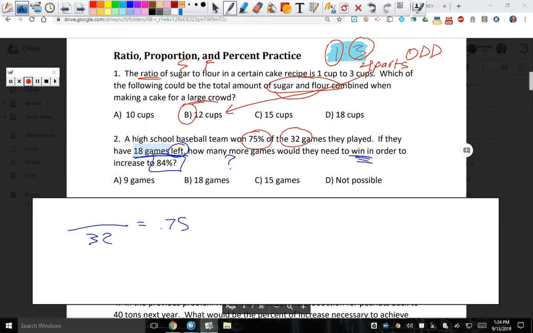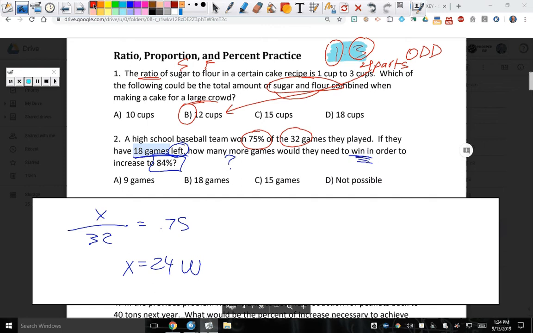Do y'all see that? If I don't know what this is, I could put it as x. Right now, multiply 0.75 times 32 on your calculator and you get 24 wins. Y'all see that? Okay, so I have 24 wins out of 32 to give me that 75%.